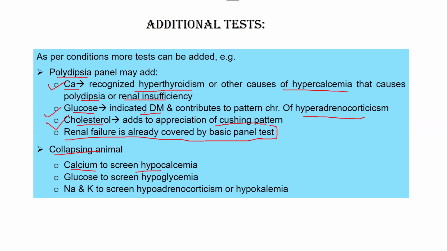The next thing you can detect is glucose for a collapsing animal, because hypoglycemia causes coma: energy is not in the body, so the brain will shut down. Then you can detect sodium or potassium level to screen again for hyperadrenocorticism or hypokalemia, because these conditions also cause an animal to collapse or die.